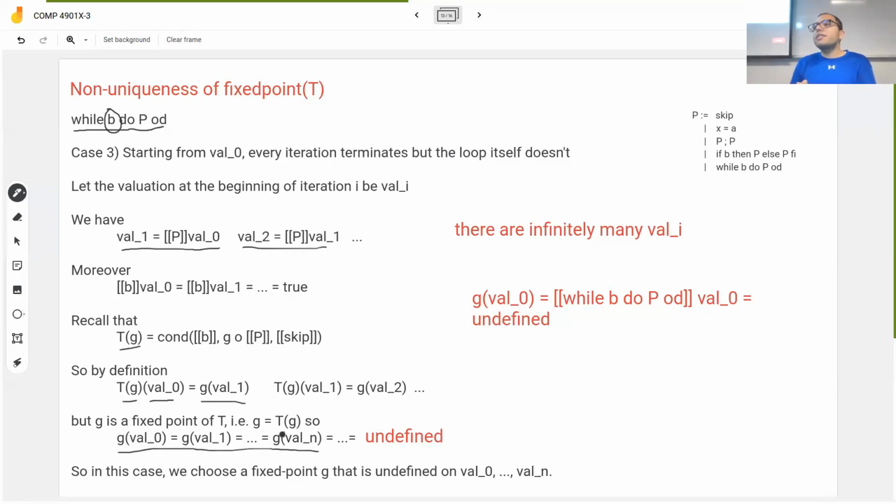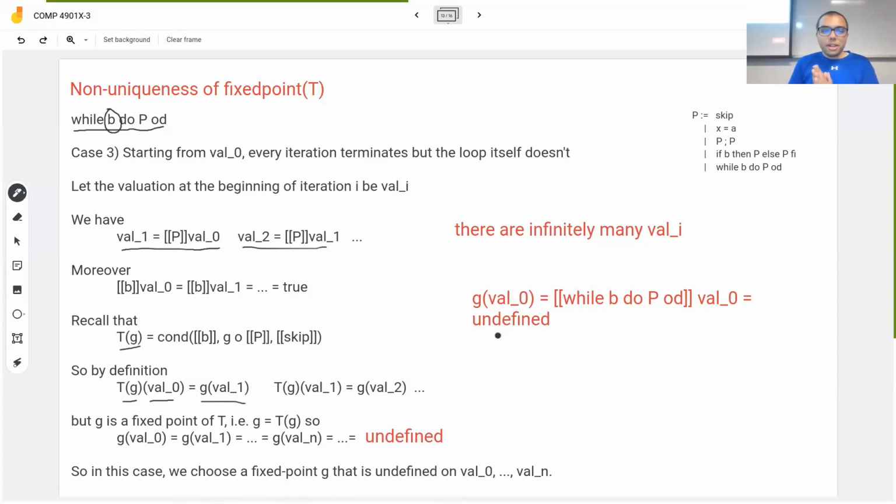But now I want the least defined semantics. So I decide to put undefined here. And if I put undefined here, I will still have a fixed point, of course. So in this case, I choose a fixed point G that is undefined on all of these.